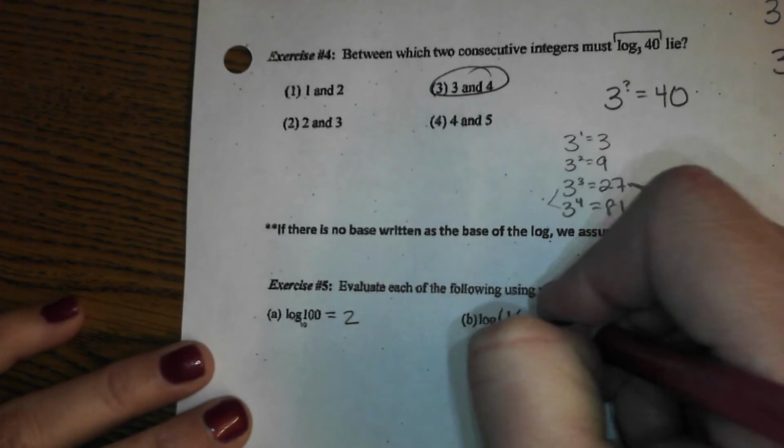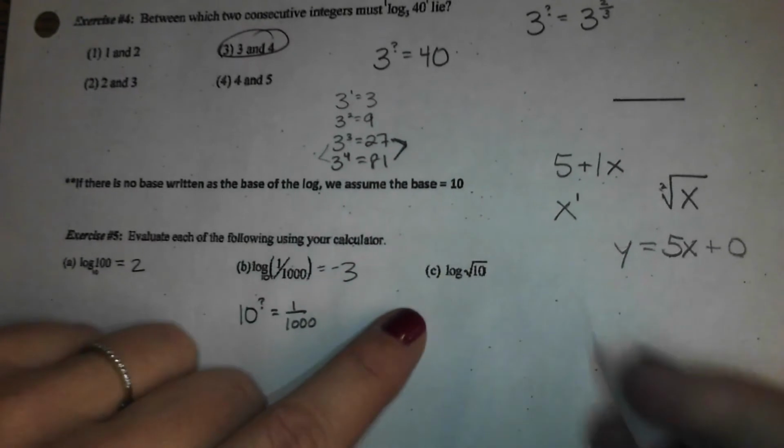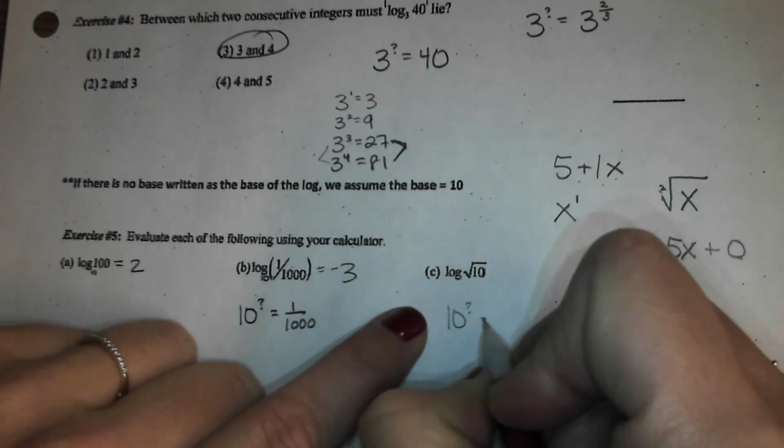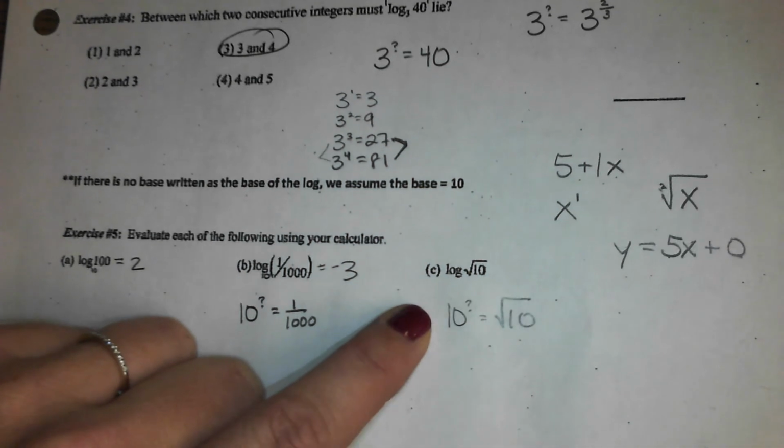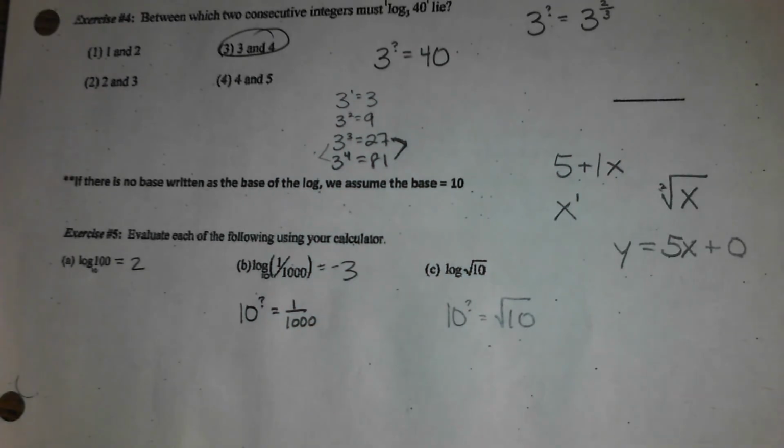Yep, -3. And this is 10 to what power gives us the square root of 10? Chloe? 1/2, right. Because the square root is the same as 10 to the 1/2 power. Good, good, good. Okay, so we assume the base is 10 if we don't see one specifically written. Capiche?